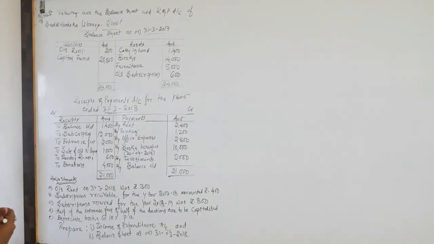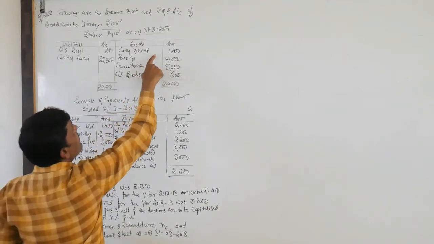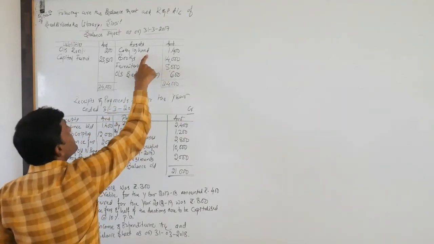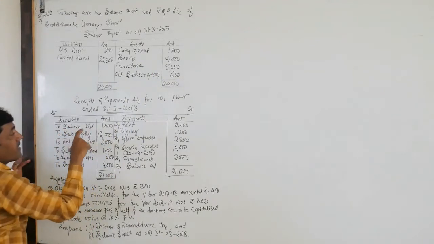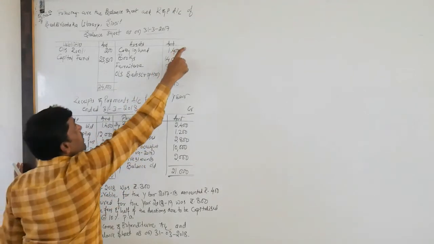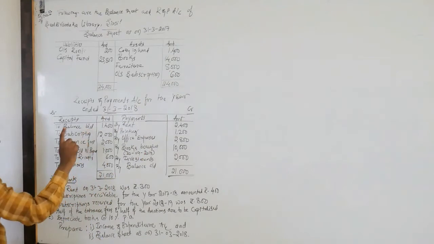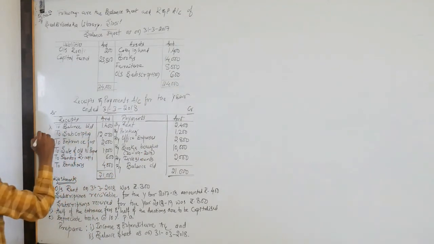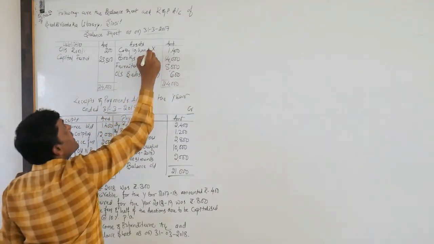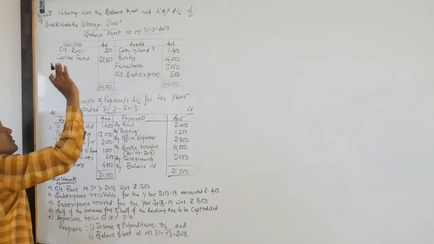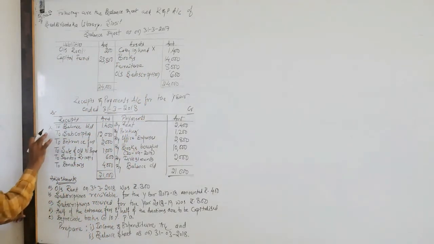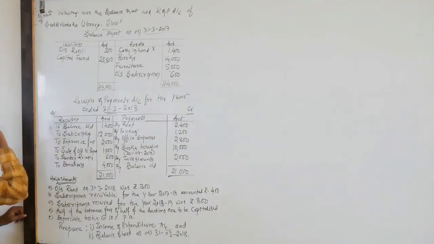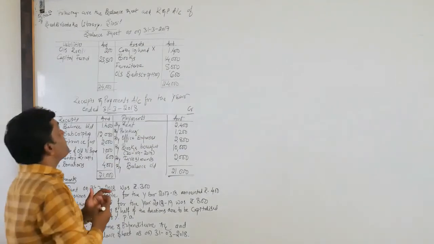Look at the asset side, cash: this is the closing cash of the last year and nothing but the opening balance of the current year. Both the amounts are the same, 1,400 and 1,400. No need to record anywhere. Why? Because it has already appeared on the closing balance sheet of the last year as well as the opening balance in the receipts and payment account.